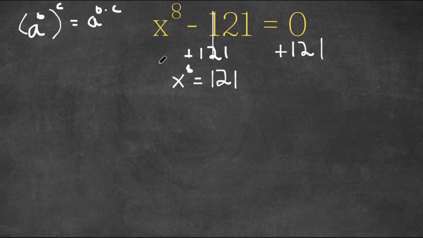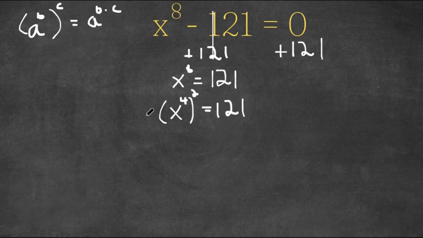So what we're going to do is we're going to change our x to the power of 8 here so that it is in this form, a to the power of b to the power of c. So we're actually going to change this to x to the power of 4 to the power of 2. Because 4 times 2 is 8, and that's x to the power of 8. And this is equal to 121.